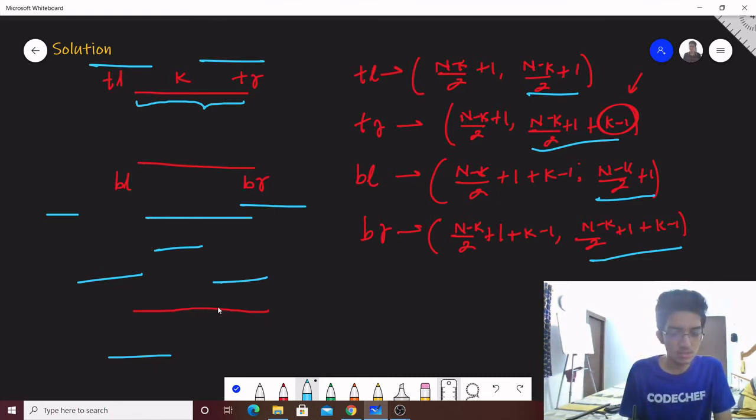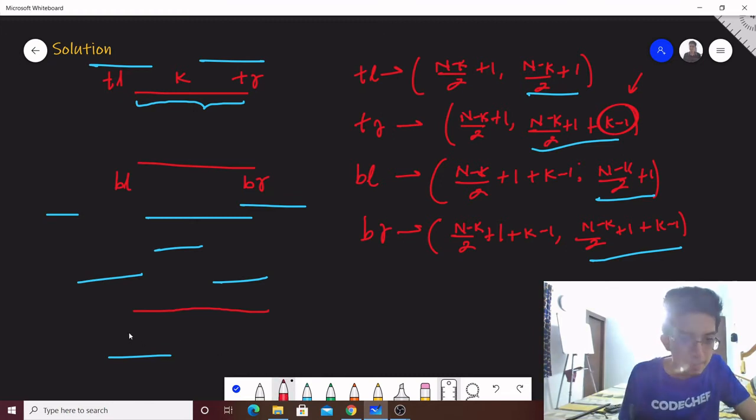So this question now converts to, we are given a horizontal segment ranging from top left to top right, or bottom left to bottom right, or more precisely from n minus k by 2 plus 1 to n minus k by 2 plus 1 plus k minus 1.